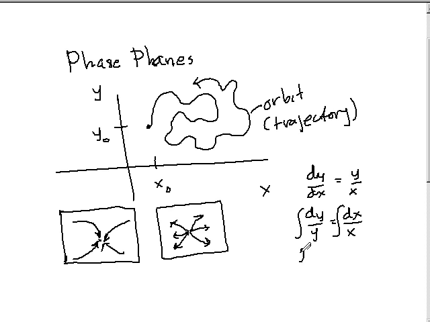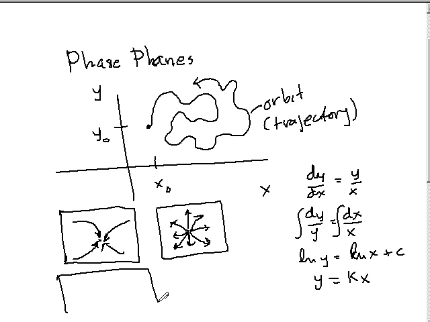Integrate both sides: log y equals log x plus a constant, or y equals some kx. So all of these are lines, and the fact is you never really reach the point in finite time. So you could have behavior like this, but there are only a few other cases.